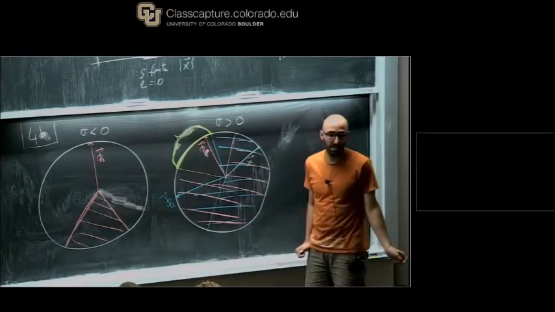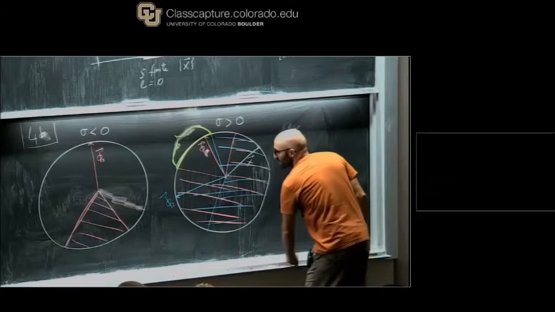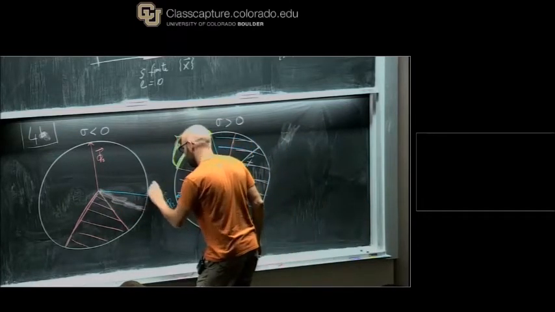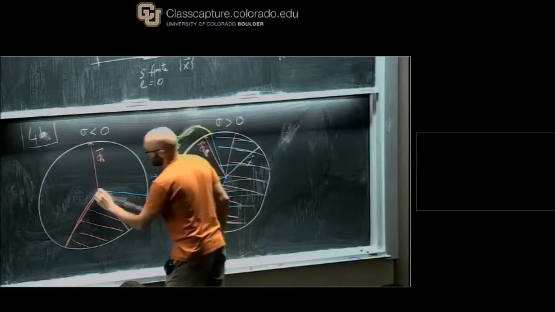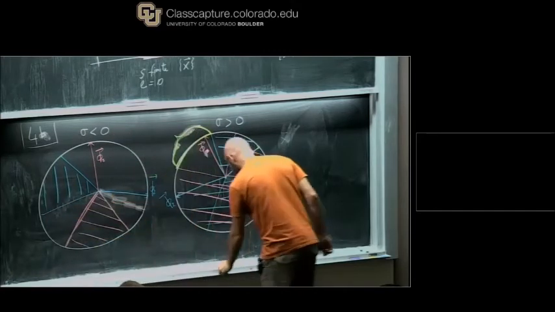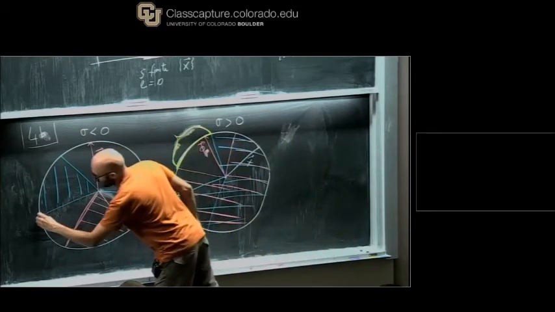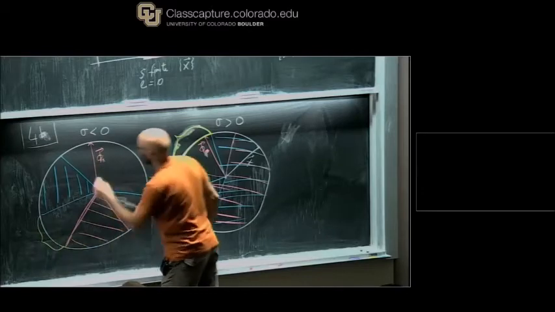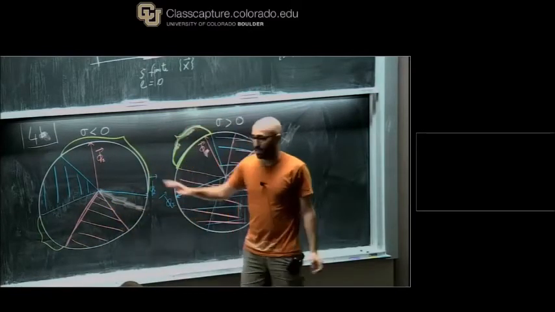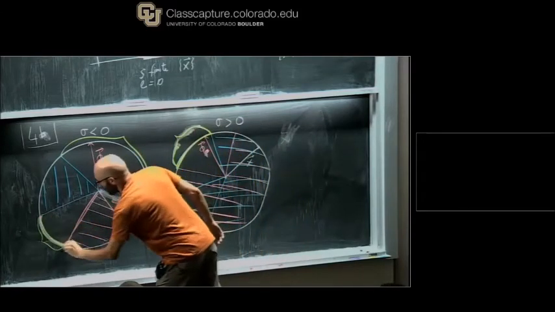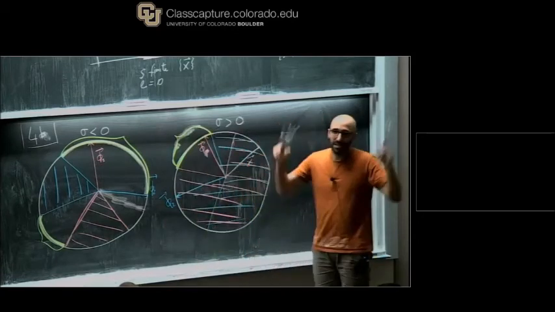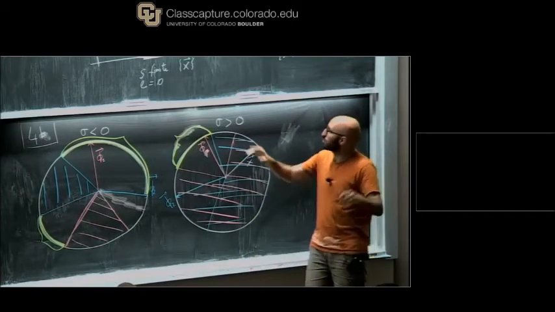What happens if I add one more constraint? For example, like this, I'm going to exclude this part. And now you see that the space of solutions is disconnected in two parts. There is this part here and this part here. So already with two constraints, I can create two clusters of solutions, two groups of solutions that are disconnected.